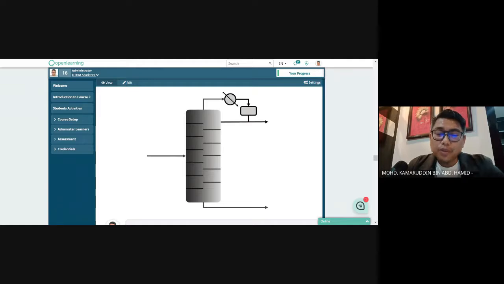How about reboil absorber? Boleh pakai tak? Just type yes or no. Can you separate CO2 in your feed stream using reboil absorber? Come on guys, yes or no?